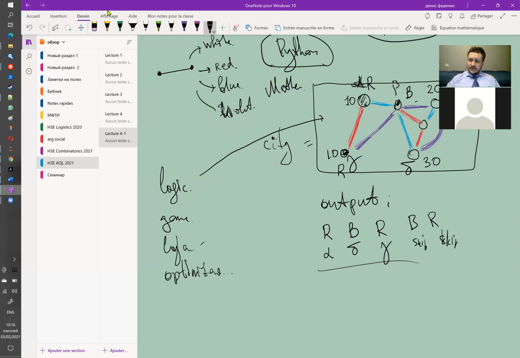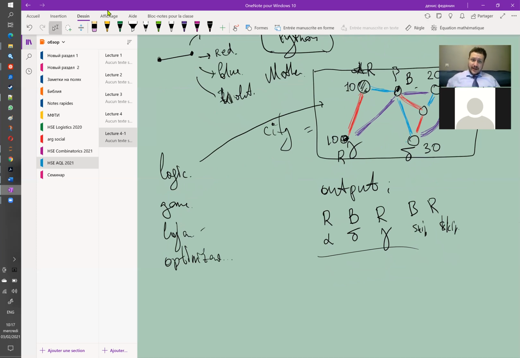There is a very interesting thing that I would like to add if we are successful with this game. We can consider a situation after they have divided the territory between the sellers. By the way, we can see that customers from this spot will go to red.